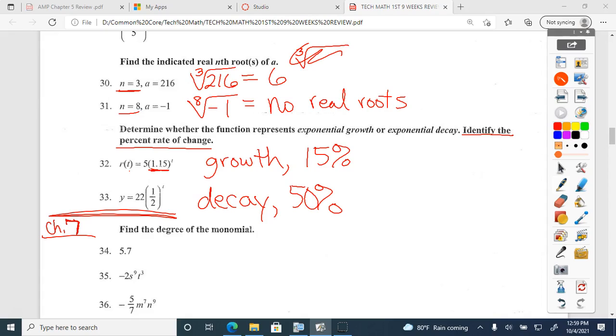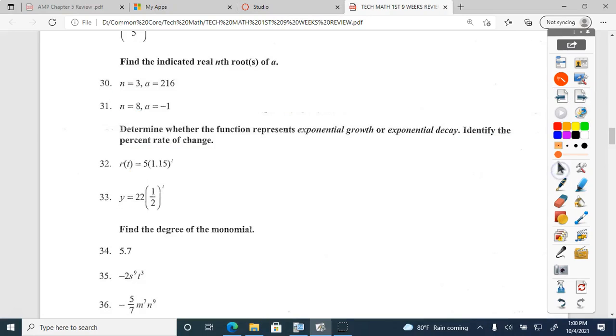And then 34 through the rest of them is chapter 7. Okay? So, 1 through 16 is chapter 5. 17 through 33 is chapter 6. And then 34 through the rest of them is chapter 7.